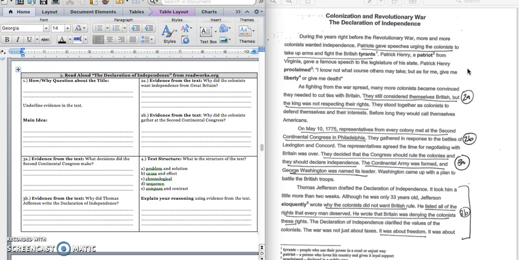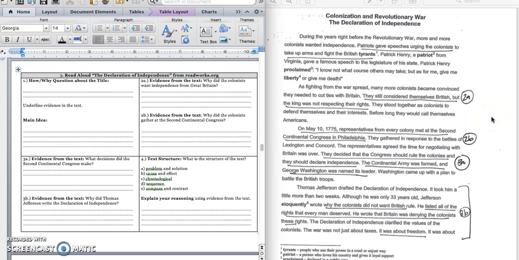Patrick Henry proclaimed, "I know not what course others may take, but as for me, give me liberty or give me death." And so this paragraph hasn't quite answered our how or why question yet. We still don't know why they want independence, but we do know that they are talking about it.